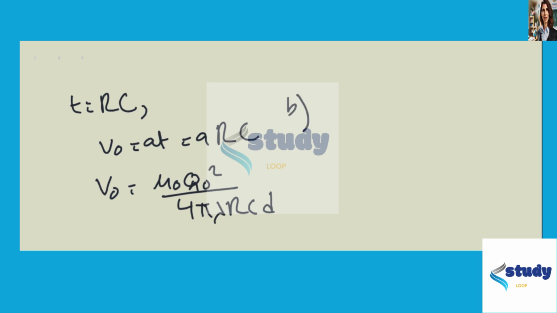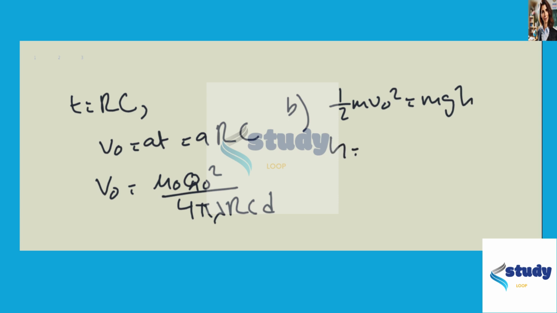For part B, we need to find the height h that each wire will rise as a result of the current connection. From the conservation of energy, we can write 1 over 2 m v naught square is equal to m g h.